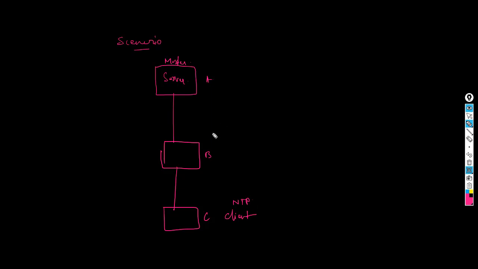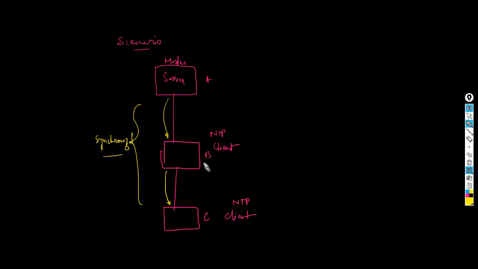For some reason, one of the network engineers configured this one to be an NTP client. So what is going to happen? Are those all going to get synchronized, or is there any issue with this design?